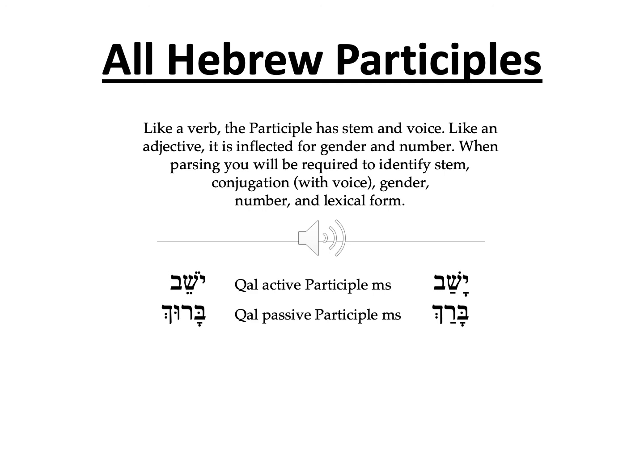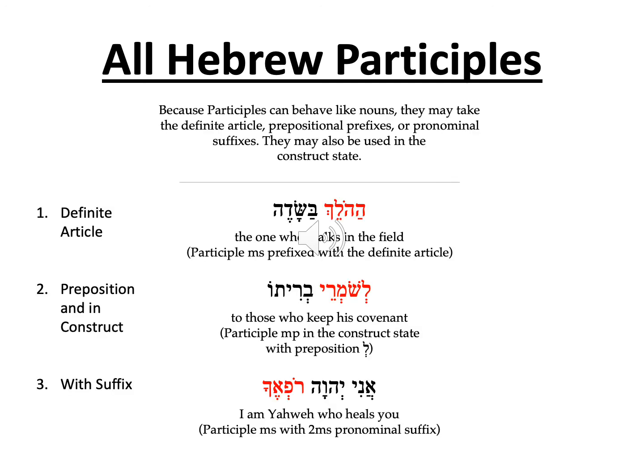All this information must be included in the parsing. Because participles are like adjectives, they may take the definite article, especially when they're agreeing with a noun that has a definite article. They may be found in the construct with the construct endings of the nouns and adjectives. They may also have prepositions, and they may be found with suffixes. However, none of these should really surprise us, as the form is fairly consistent.